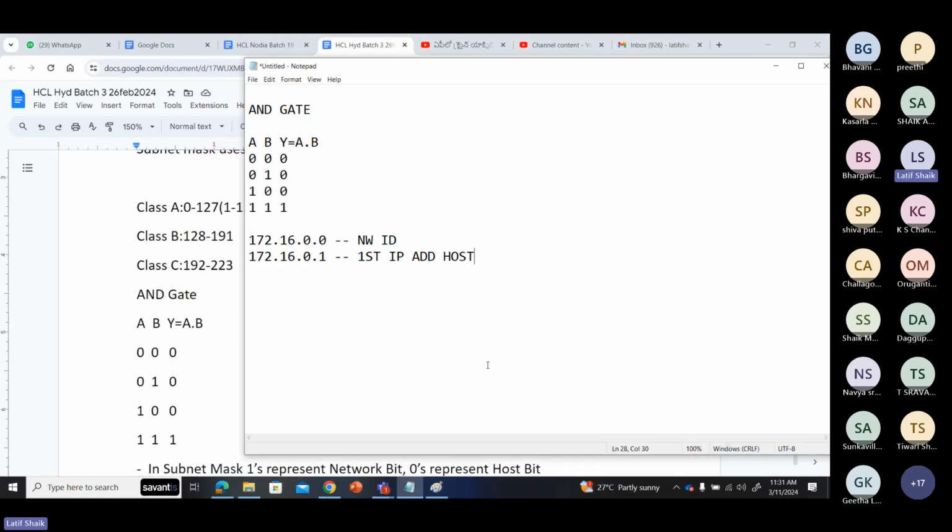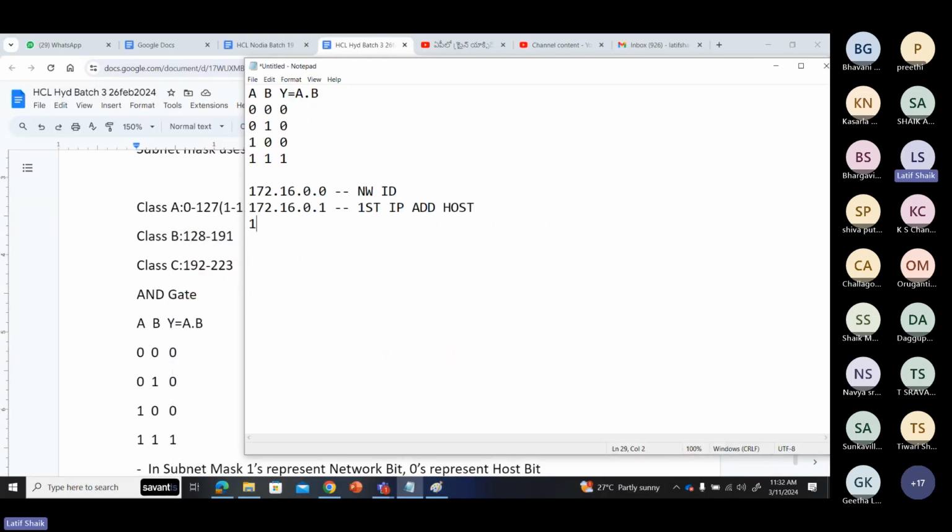You know how many? So we'll keep trying this one. 172.16.0.2. Keep going. 172.16.1, sorry, 0.255. It is not completed because it has to go up to the change of this network ID.